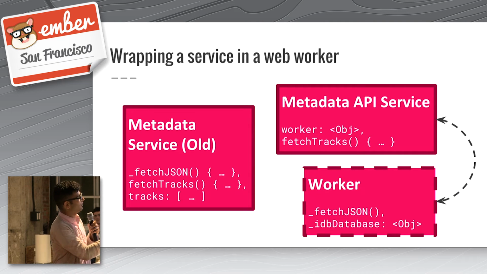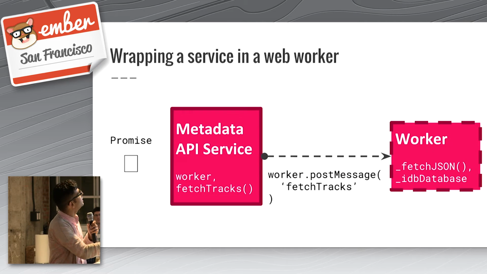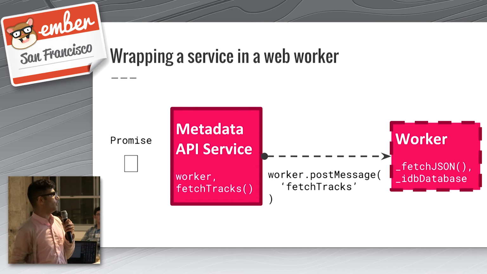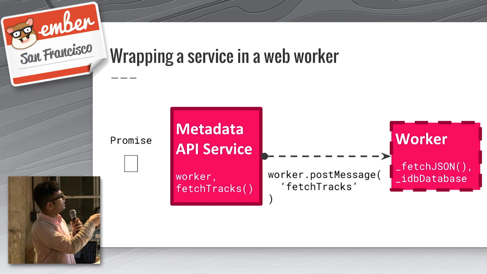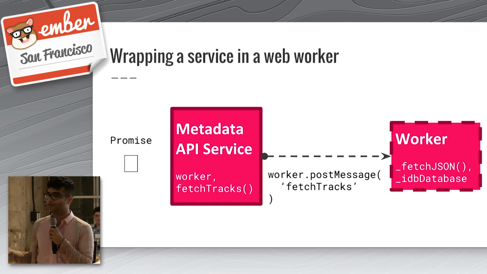So let's look at, for example, how you would call fetch tracks. The metadata API service would call fetch tracks. Now the API service which owns the worker would call post message and it would say, give me the tracks. Now the worker will do all the heavy lifting for you.